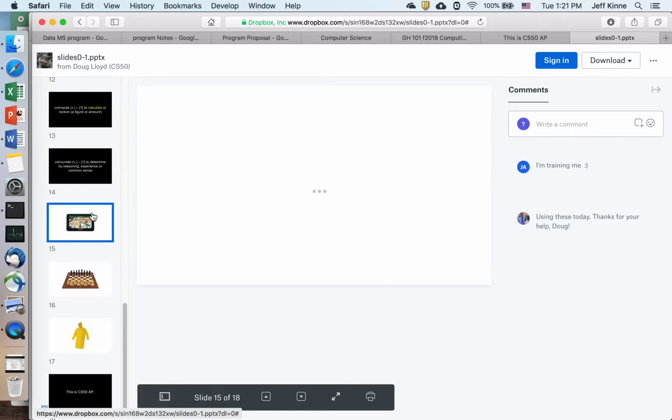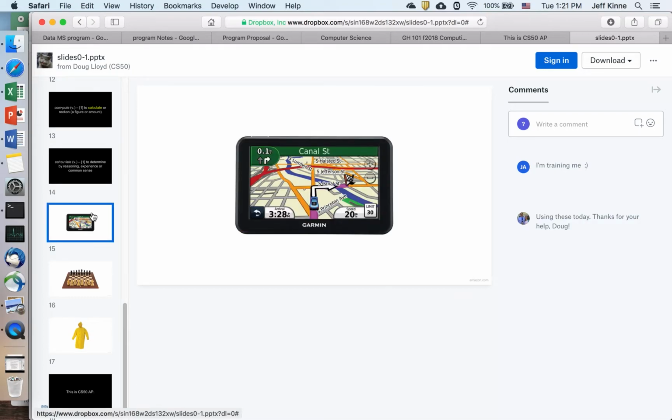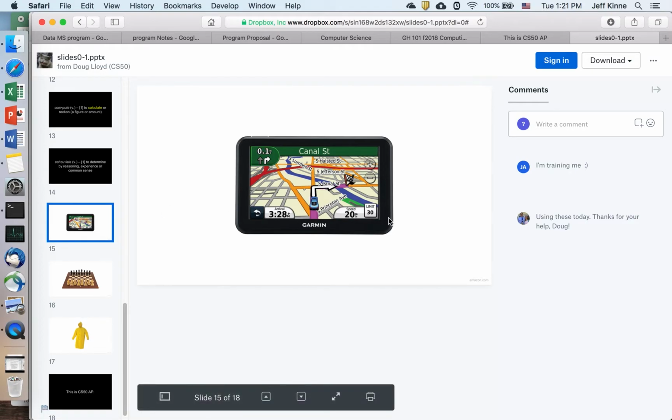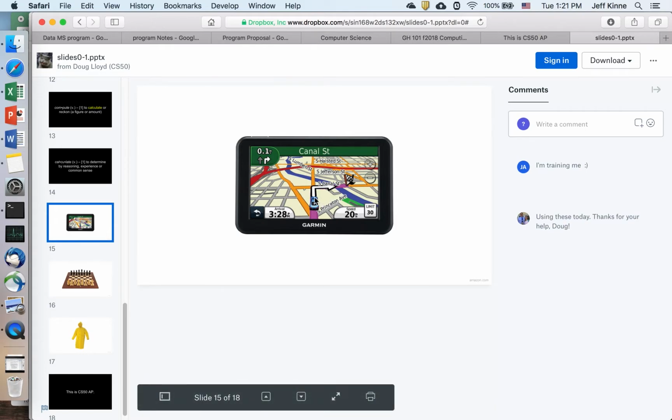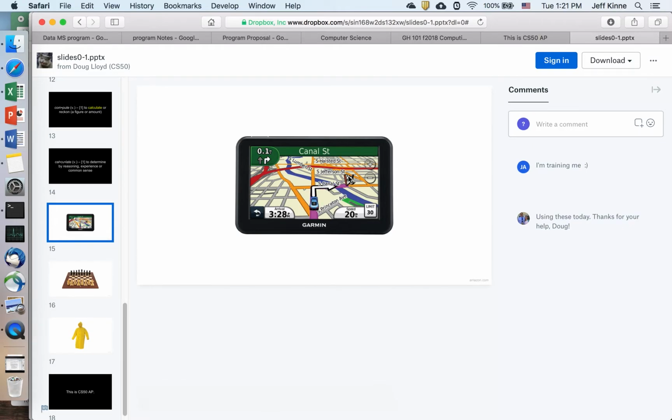I wanted to use some of their examples, so these are some things that computing does for us. This is a picture of a GPS map. So doing all the map stuff, how do we figure out the fastest way to get from where the car is to where we want to go? If I want to go from Terre Haute to San Francisco, what's the best route?